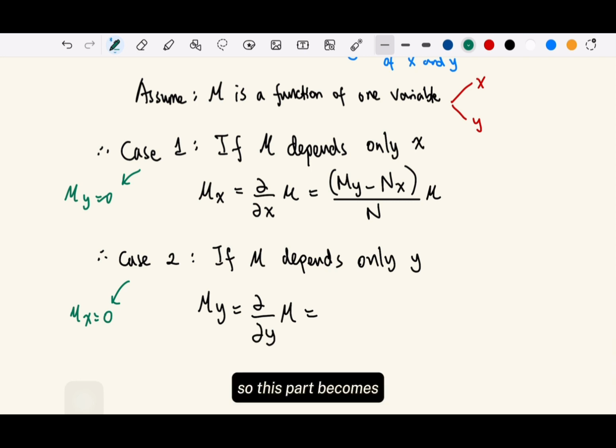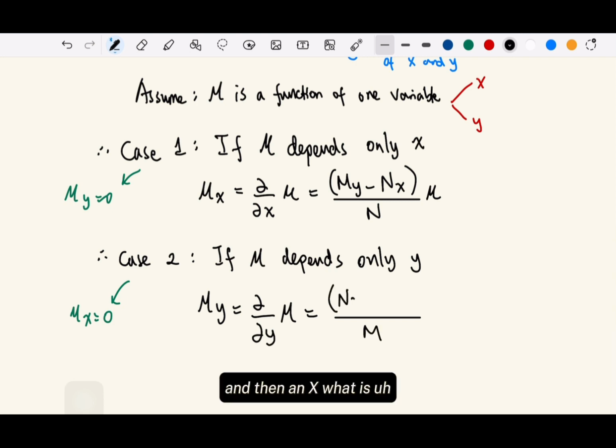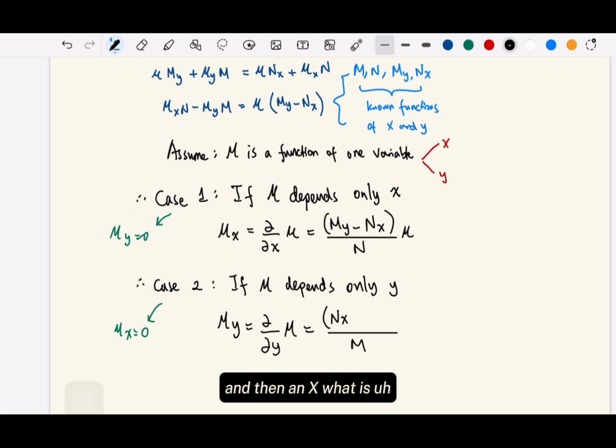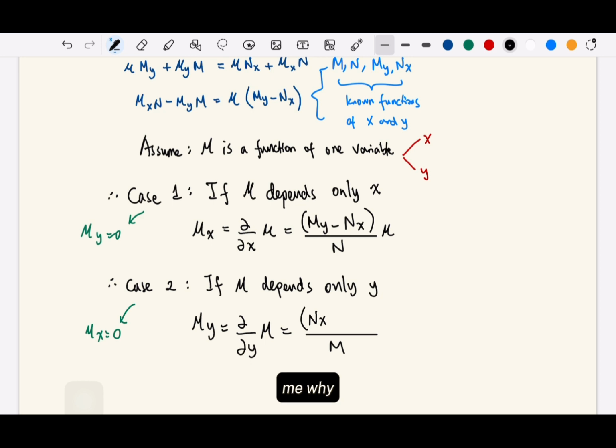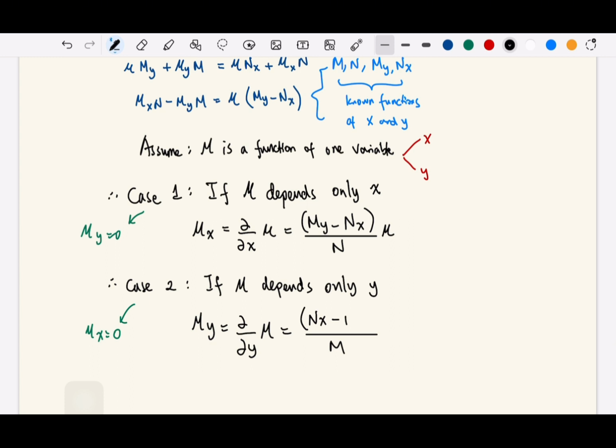So this part becomes, and then n x, what is mu y? Oh, it becomes negative, so I will switch n and m. So I will have this and then mu.